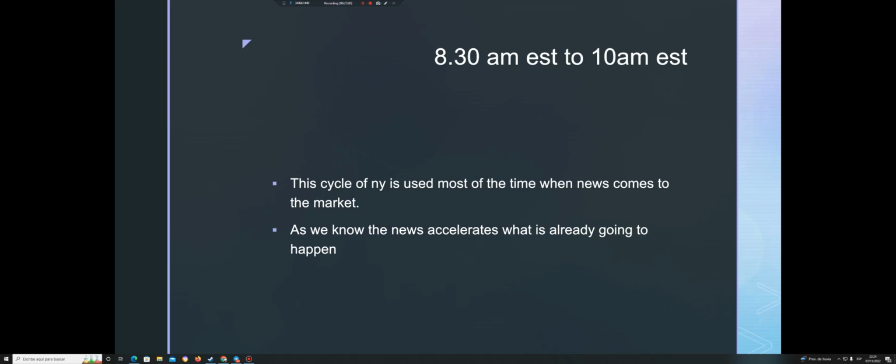So you can use the cycle when there is no news, because after the big move, the fake moves that happen on the first cycle of New York, 8:30 comes to be a very nice time to trade. We wait, and at 8:30 we can start to trade.